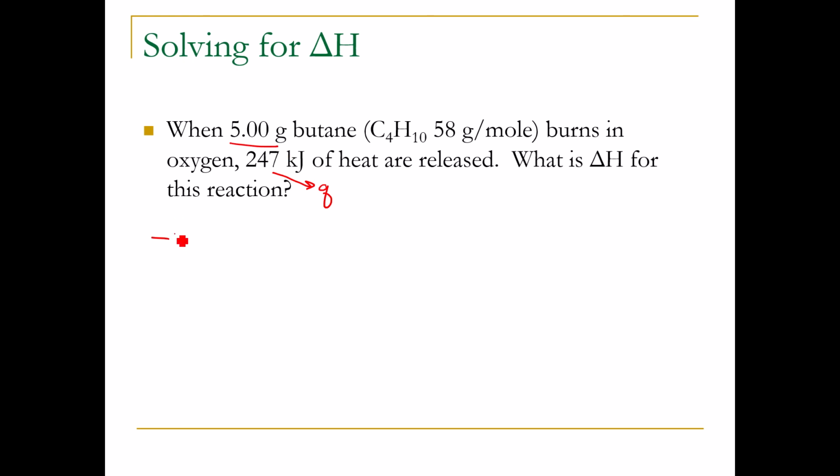So released means negative 247 kilojoules per 5 grams of the butane. I need a value in terms of moles for delta H. So I'm going to convert using the molar mass, 58 grams per 1 mole.